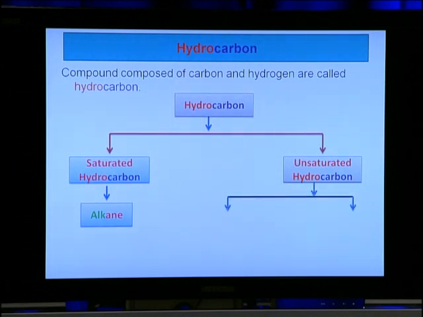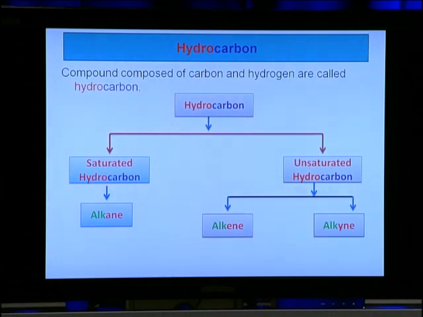Likewise, the unsaturated hydrocarbon is classified into two classes. The first one is alkene and the other one is alkyne. Now if you look into those three compounds, the alkane, alkene and alkyne, you will be able to make out they have different suffixes.